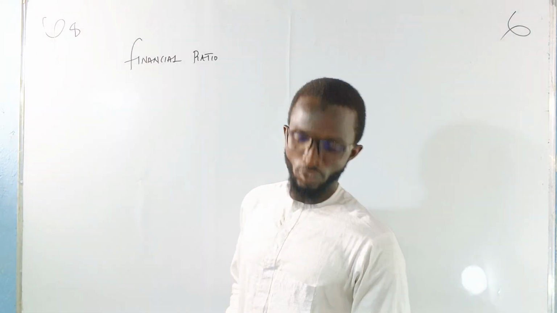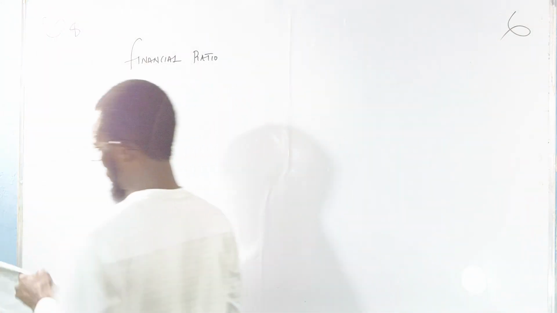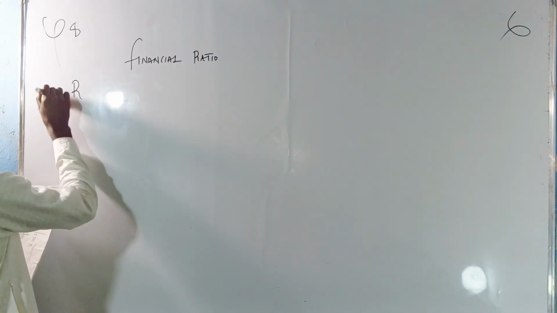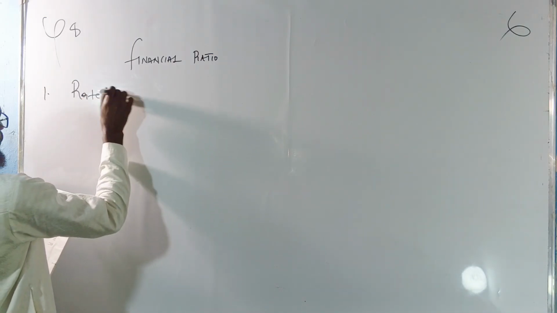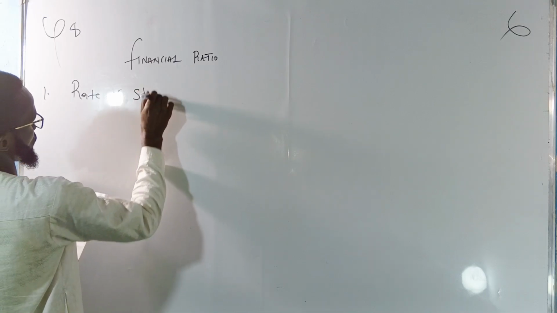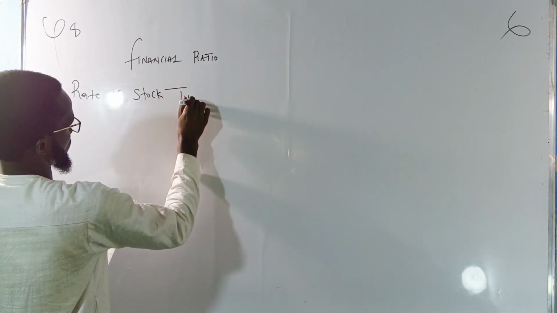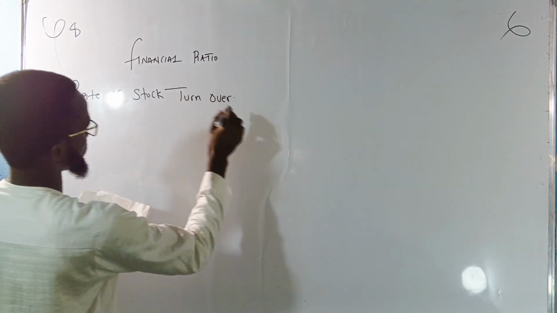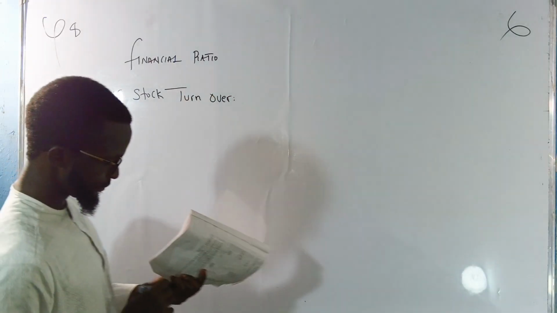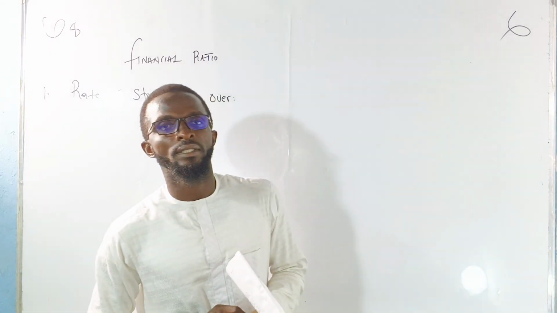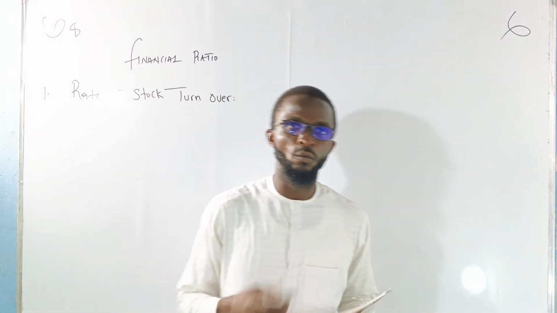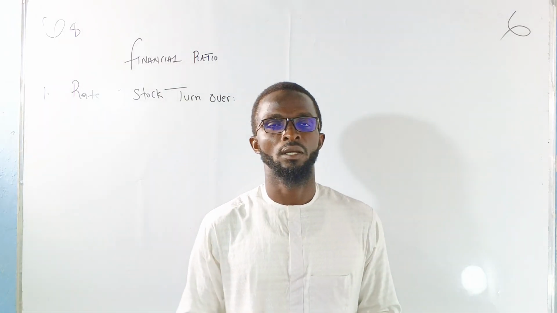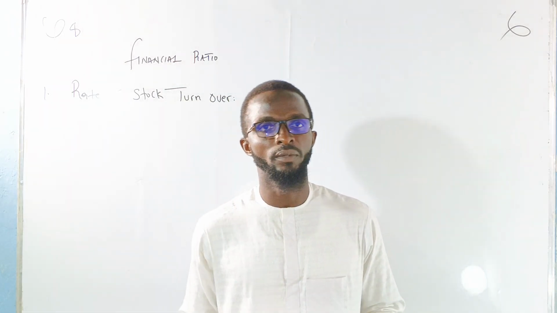One ratio, rate of stock turnover. We are going to calculate rate of stock turnover. This ratio tells us how quickly inventory is being replaced.